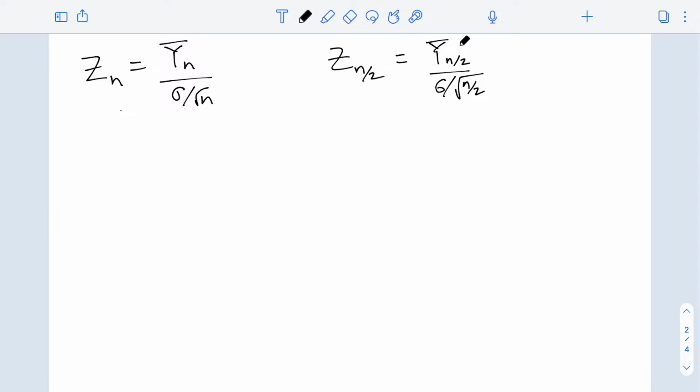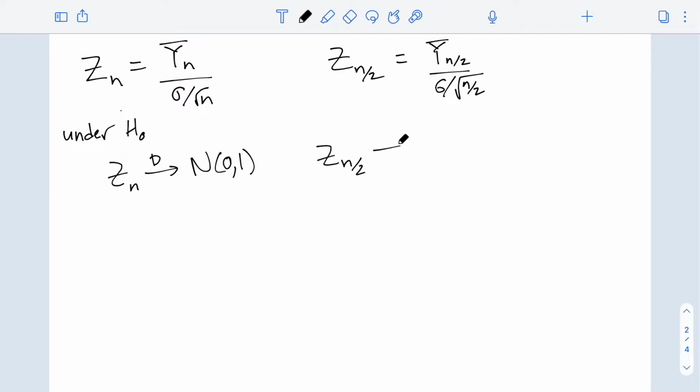Now we know that under the null hypothesis, the expectation of y is 0. So under H naught, Zn, as n gets large, should converge in distribution to a normal with mean 0 and variance 1. And similarly, Zn over 2, as n gets large, should converge in distribution to a normal with mean 0 and variance 1. And these are both by the central limit theorem.